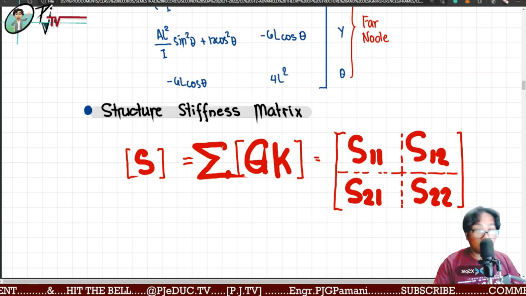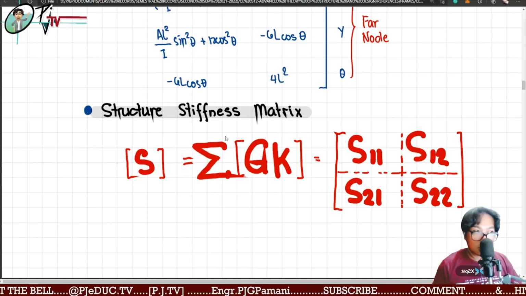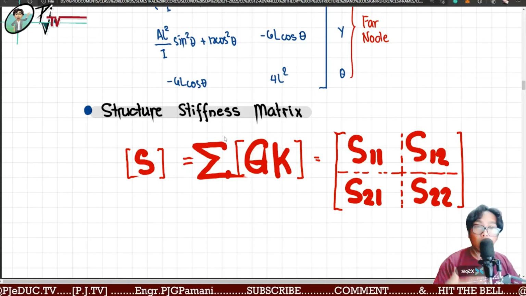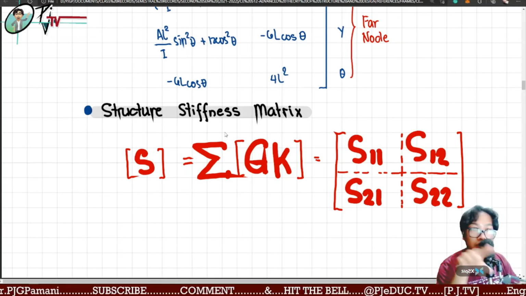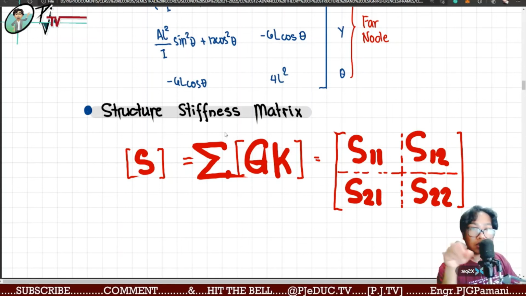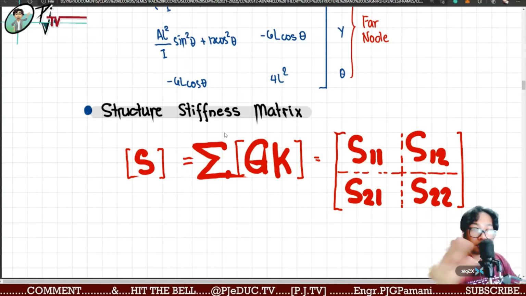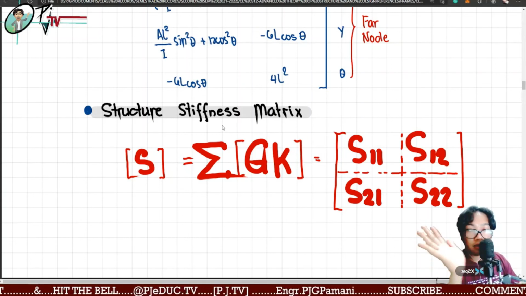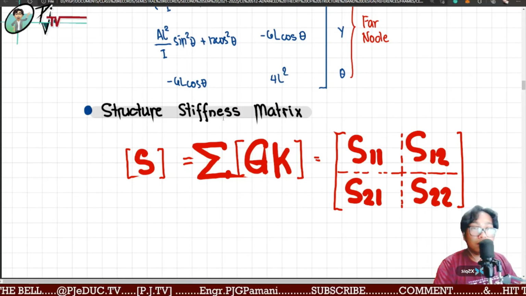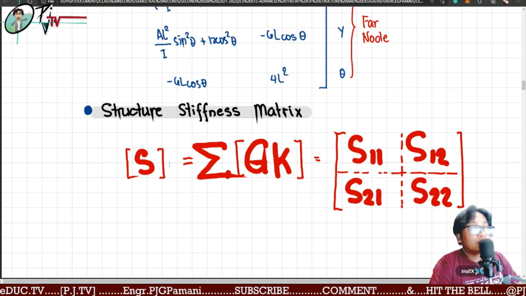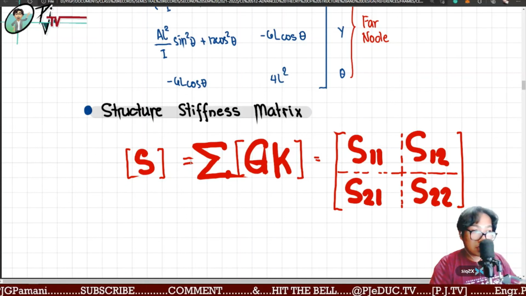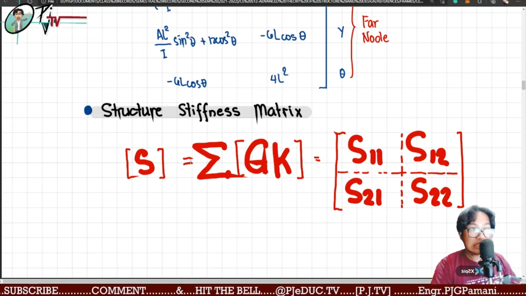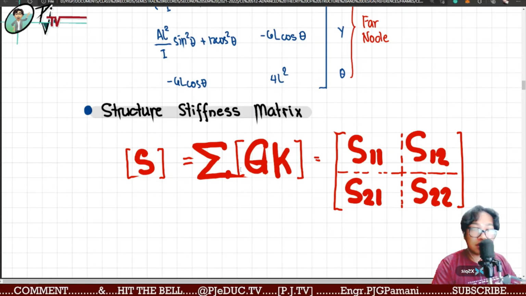So given that there are 5 global stiffness matrix, summate them column to column, row to row. So parang yung ginawa natin, 1 is to 1, 1 is to 2, 1 is to 3, 1 is to 6, and so forth and so long, 2 is to 1, blah, blah, blah. Yeah, just like what we did with trusses and beams. So summation of all global stiffness matrix of a frame is simply our structure stiffness matrix.